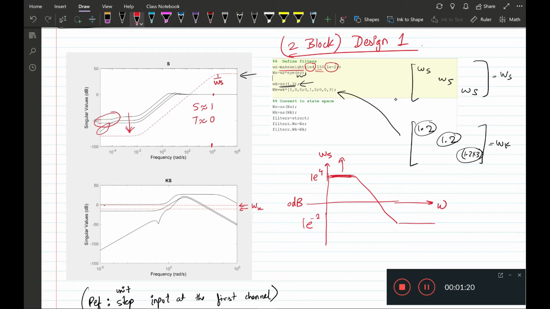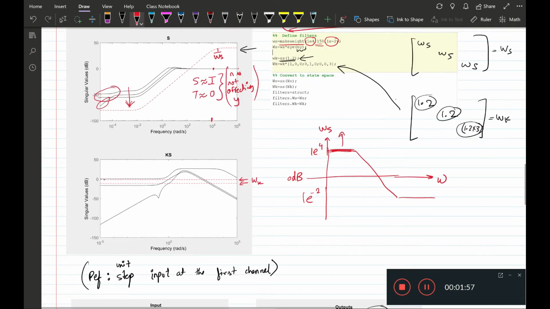Note that because we have multi-input multi-output systems, S here would be the identity and T would be the zero matrix. This would mean that noise N is not affecting output Y. That's good, because even if we have measurement noise, at this frequency it is not seen at the output.